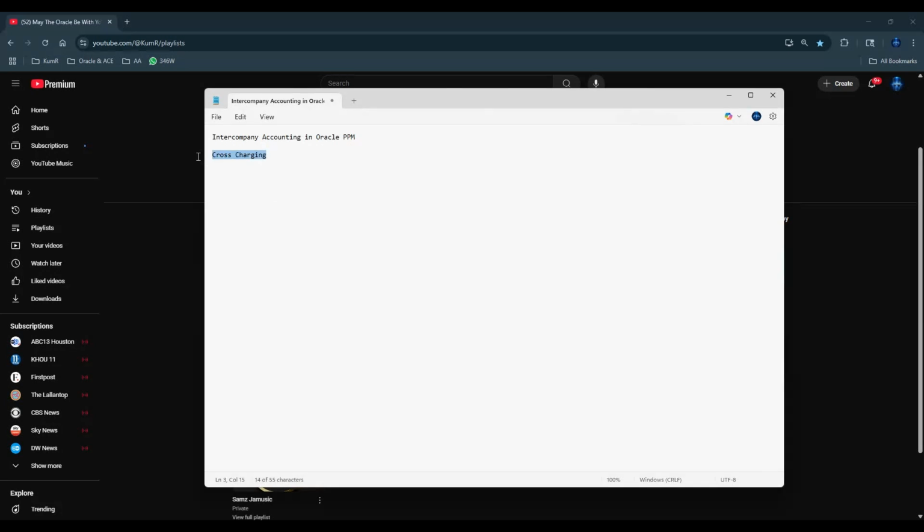Within this cross charging, there are two different types. One of them is called borrowed and lent, and the other one is called inter project billing. So although the concept is intercompany accounting in Oracle PPM, you should know that at a parent level, there is a cross charging concept.